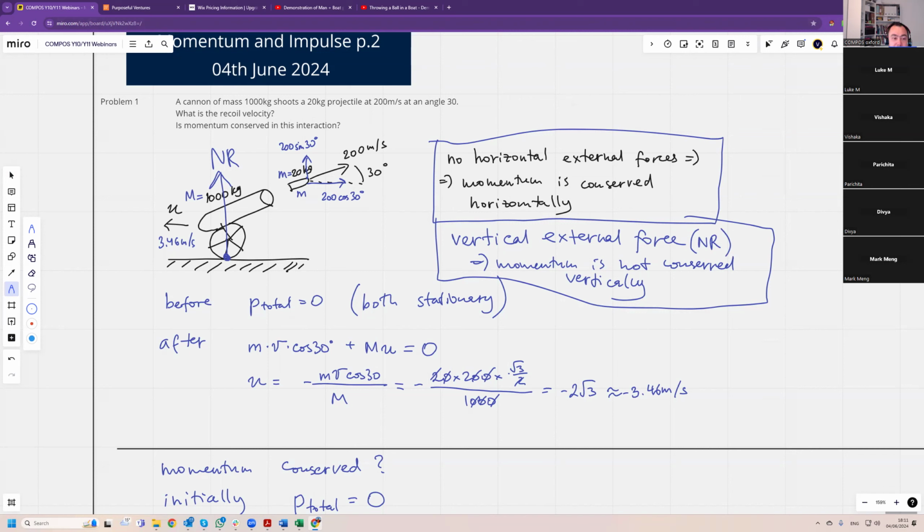Exactly, Parachita. Momentum is only conserved if you have no external forces. And that's what the conservation of momentum says. With no external forces, momentum is conserved. But I mean, it's a very obvious thing if you think about it. Take this pen.